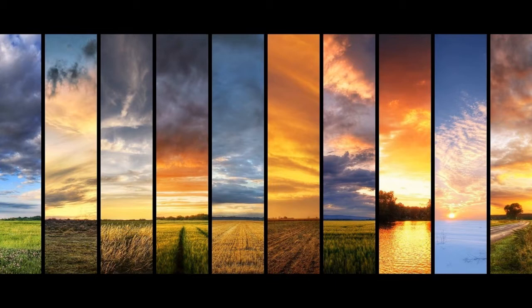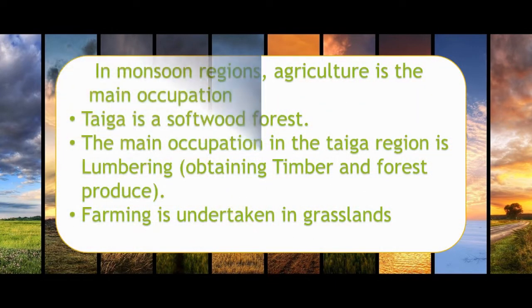In the monsoon regions, agriculture forms the main occupation of the people. In the equatorial region, occupations like gathering of gum, honey, rubber, etc. are all based on forest produce.